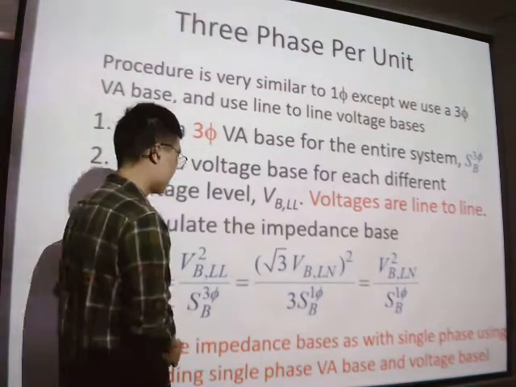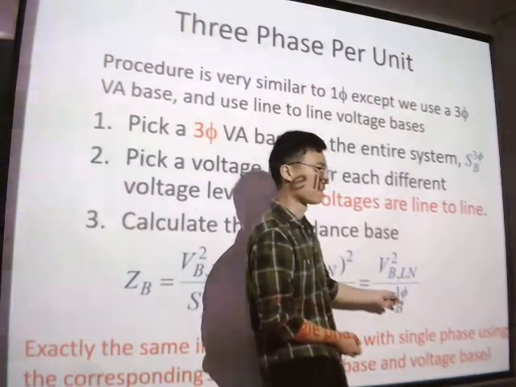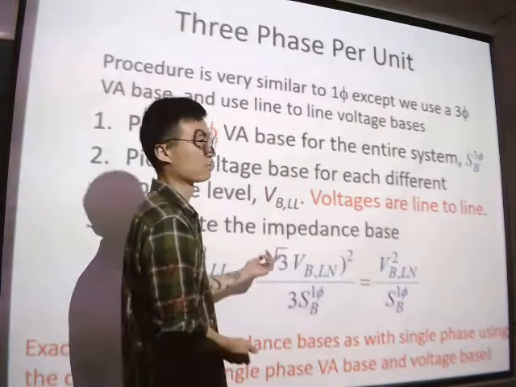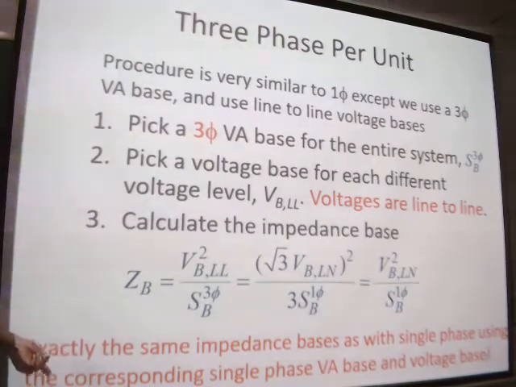Please pay attention: here is the phase voltage, and here is the complex power for one of the 3 phases. So you see this is identical with the corresponding single phase.